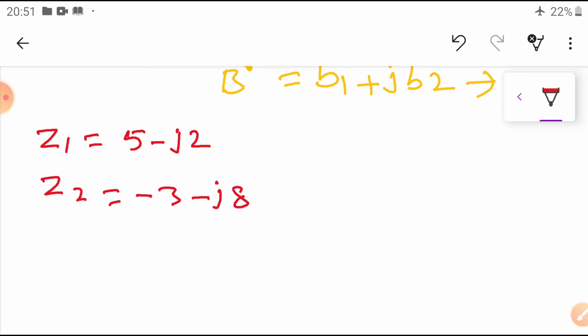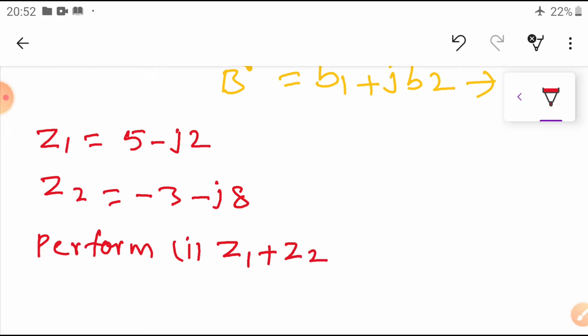Perform, okay, perform one, Z1 plus Z2, add it. Perform second, Z1 minus Z2. This is the question given in October 2009.